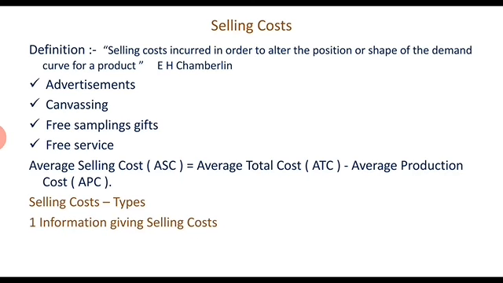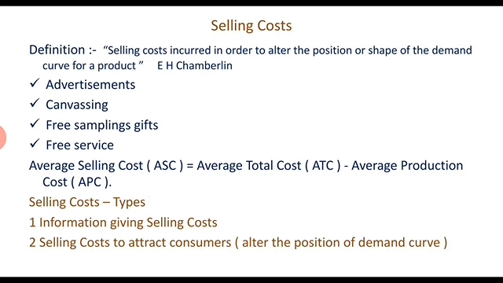Selling cost types: information giving selling costs and selling costs to attract consumers. Information giving costs. These types of selling costs mainly focus on giving information about the product to consumers, for example, selling costs in monopoly.